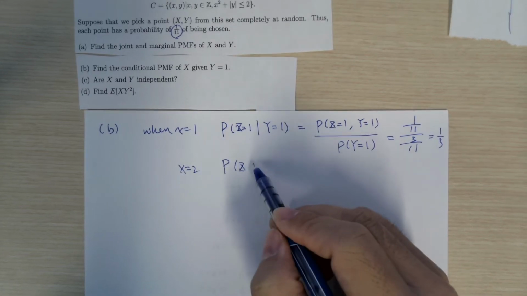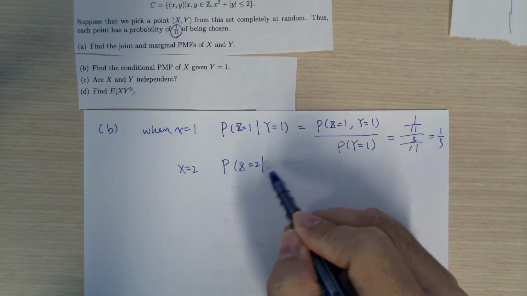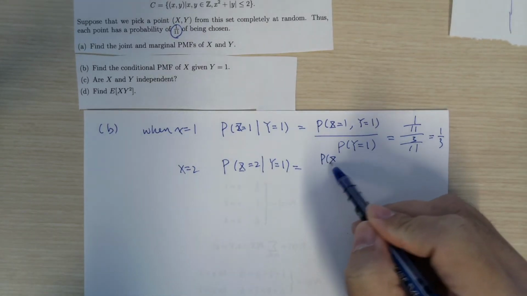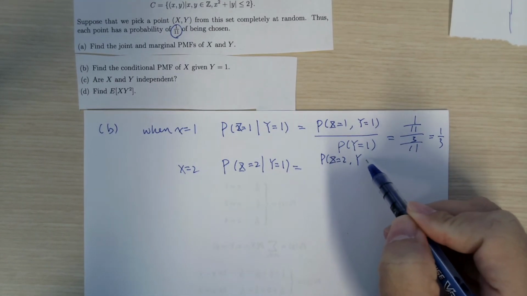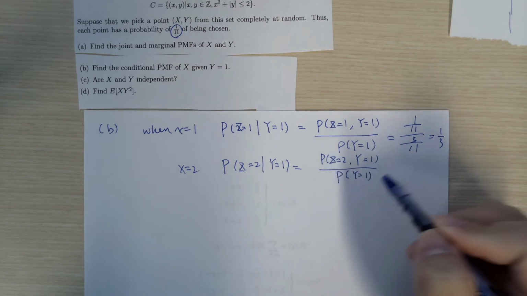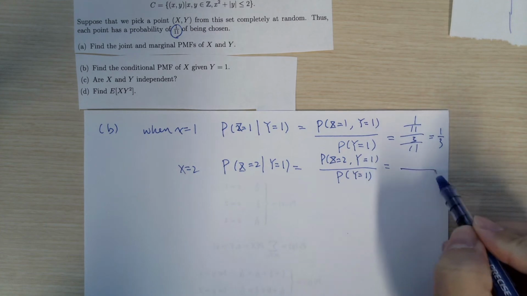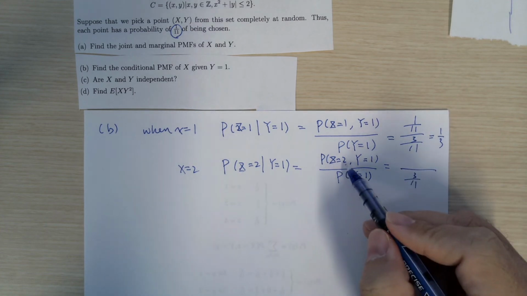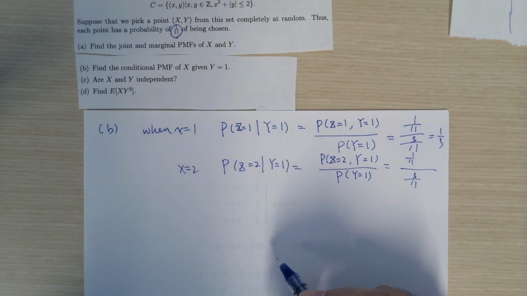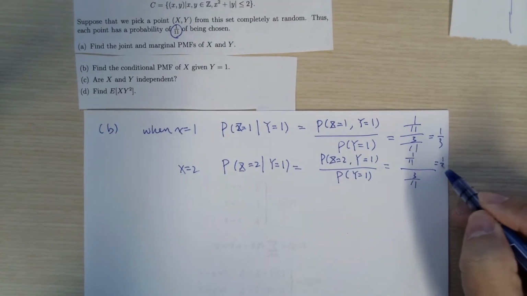Okay, so when X equals 2, the conditional PMF of X given Y equals 1 is equal to the probability X equals 2, Y equals 1 over the probability that Y equals 1. So this is fixed on the denominator, 3 over 11. When X equals 2, Y equals 1, it also gives us 1 over 11, so it's again 1 over 3.